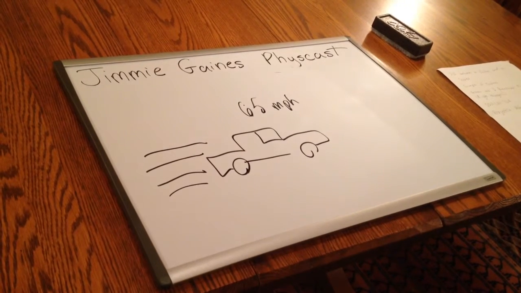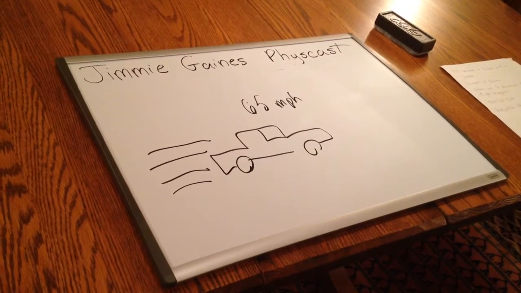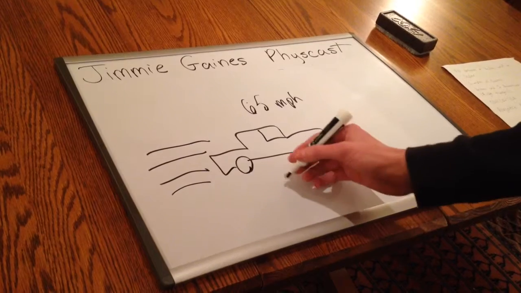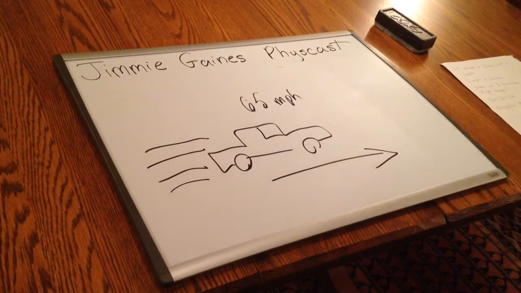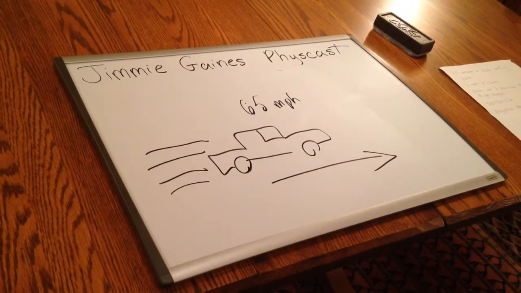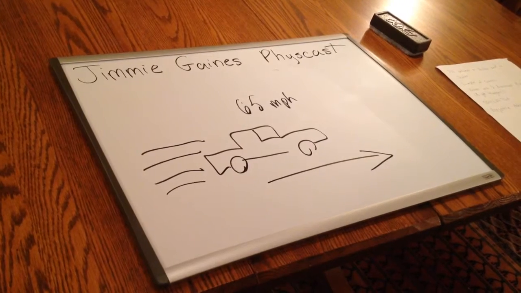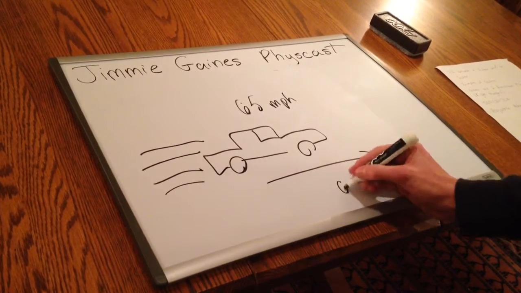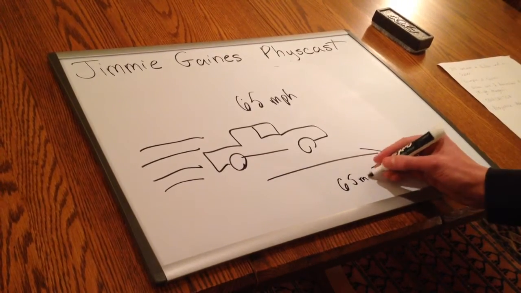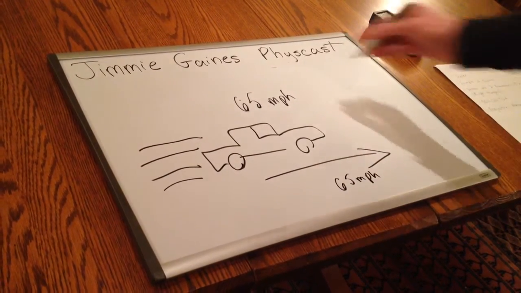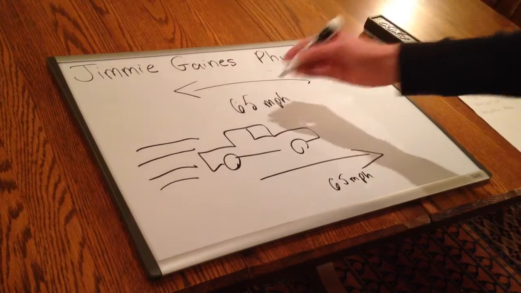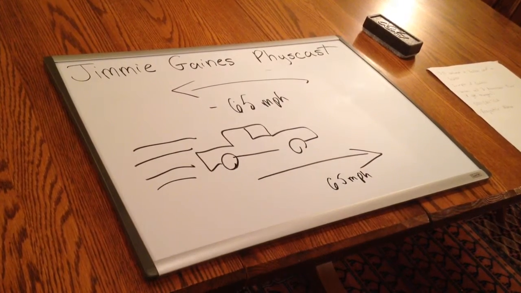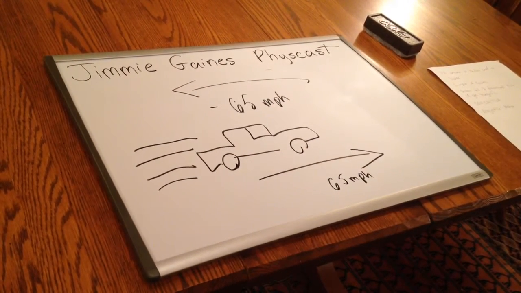Whereas if it was a vector, say we were measuring velocity, if you were traveling in this direction, which would be the positive direction on a one-dimensional number line or axis, it would be 65 miles per hour. However, if you were traveling the opposite direction, in the negative direction, it would be negative 65 miles per hour.